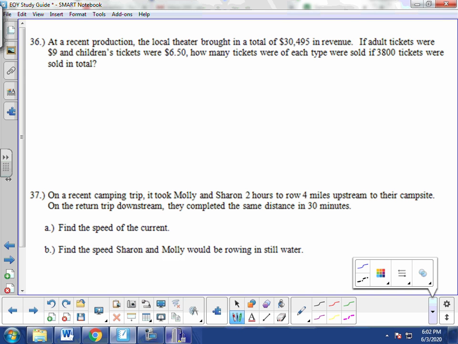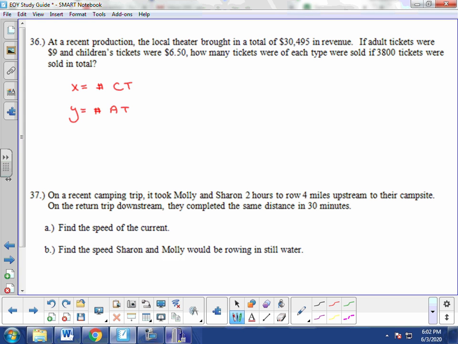So what we have here is we need to assign some variables. Let's say X equals the number of, I'm just going to use CT for children's tickets. And then let's let Y equal the number of AT for adult tickets. You can use any variables you want, but let's just use X and Y for this example.